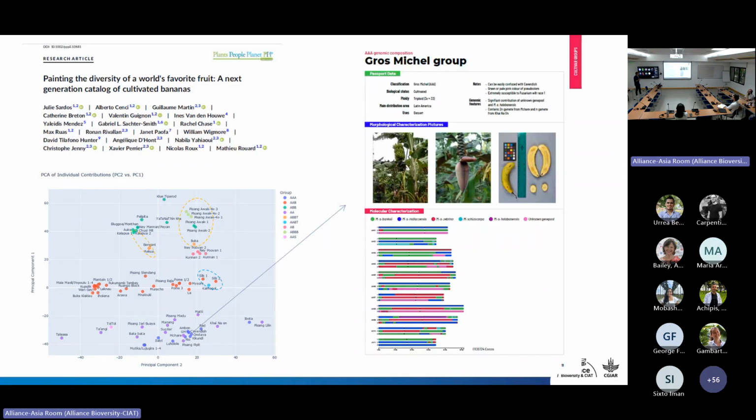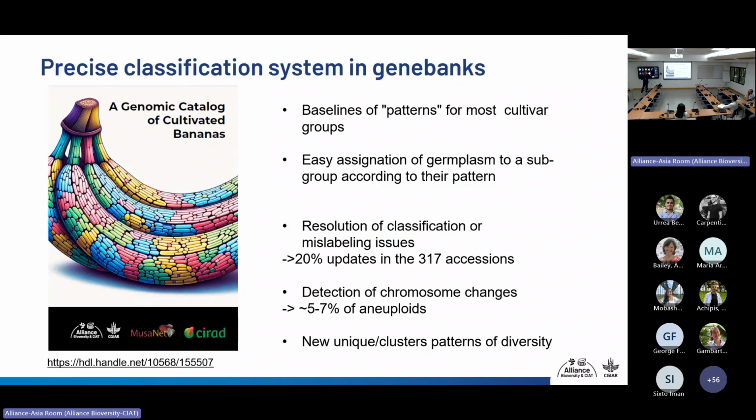But for each of the groups, we could develop a particular card with a passport data that was very well curated with pictures, and also this in silico chromosome painting of the group. So doing that for all the different groups, we could combine that and make a catalog that is available on CGSpace, which is now a baseline for pattern identification in the collection.